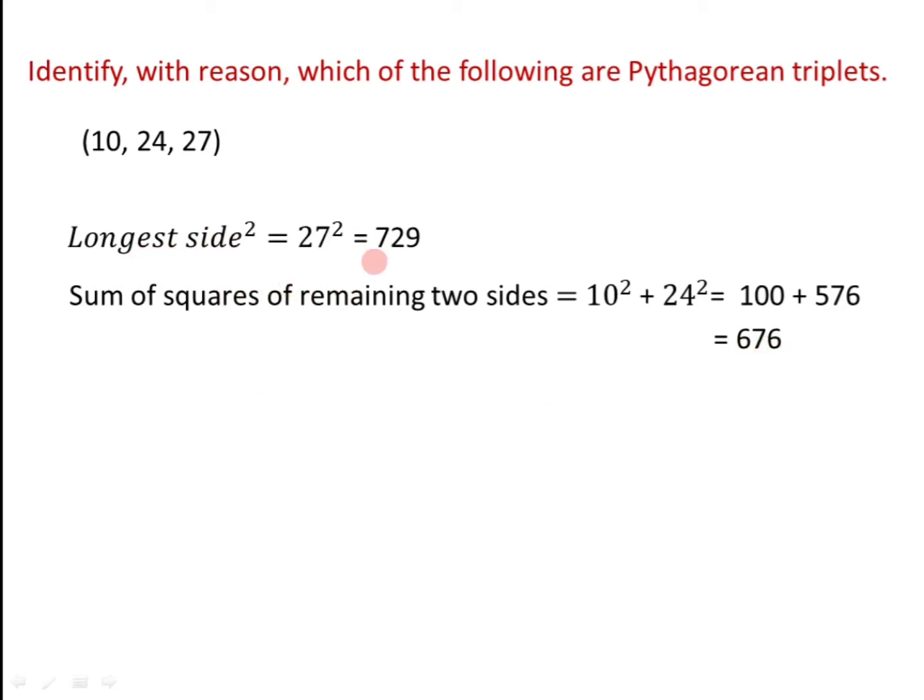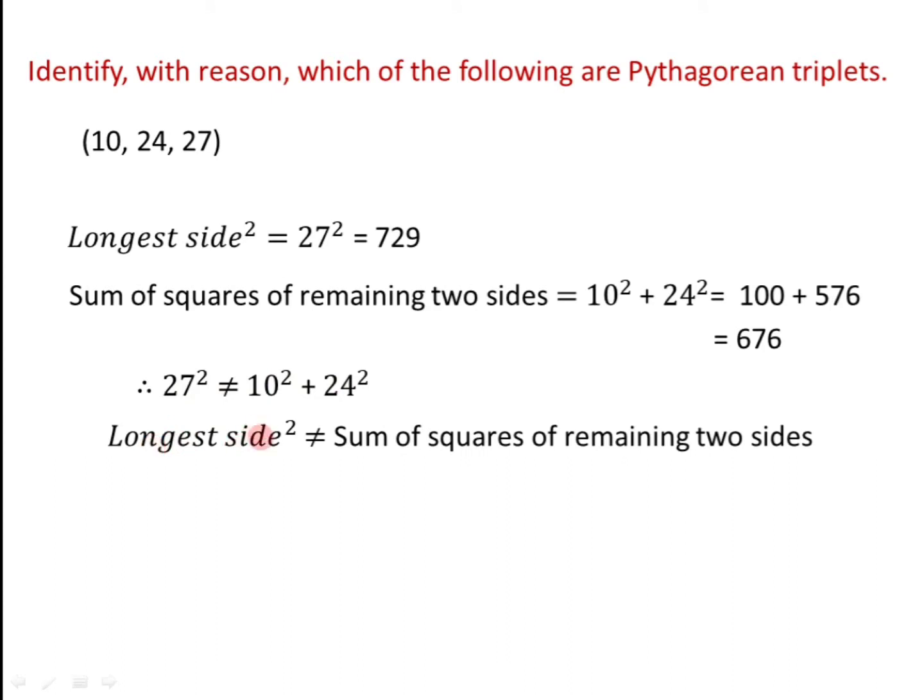So as we can observe, the longest side square is 729 and the sum of squares of the remaining two sides is 676. That means these two are not equal. That is 27 square is not equal to 10 square plus 24 square. That means the longest side square is not equal to the sum of squares of the remaining two sides.